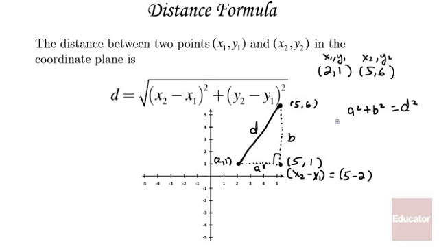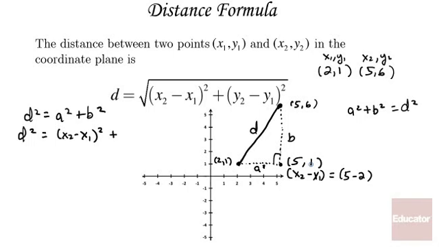So looking over here, I said that D squared equals A squared plus B squared. Therefore, D squared is going to equal A squared, which is x2 minus x1 squared, plus this side, side B. To find the length of side B, all you need to do is subtract these 2 points.